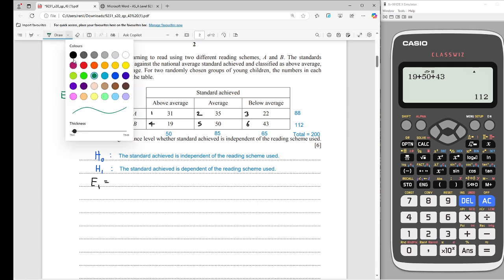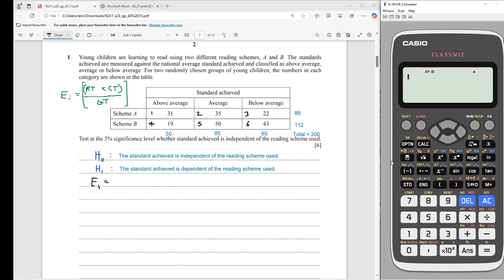So when we plug in these values in our calculator, for the first one our row total is 88, the column total is 50, and our grand total is 200. So our expected value is 22. Similarly, we can do this for all 6 values, and we have to do this because these expected values are used in a different formula that calculates the test statistic.